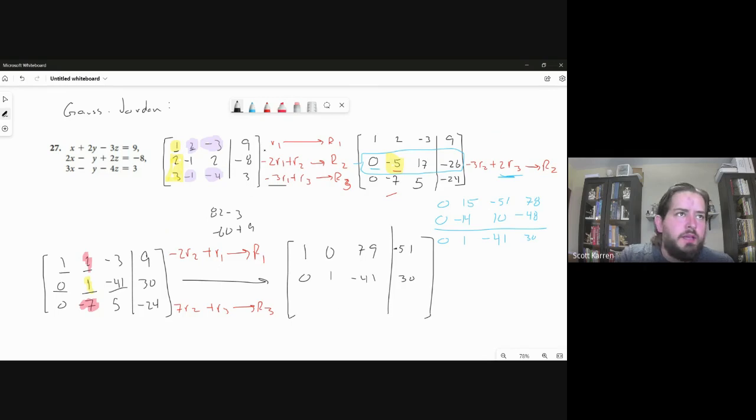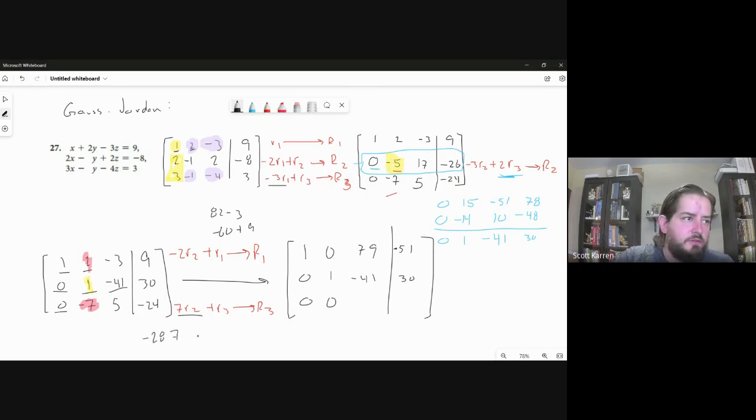And then on the bottom guy, 7 row 2s. So 7 times 0 is 0, plus 0 is still 0. 7 times 1 is 7, plus -7 is 0. And then 7 times -41, that's ugly, is 287.